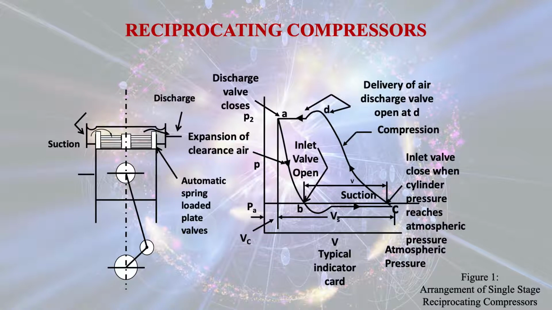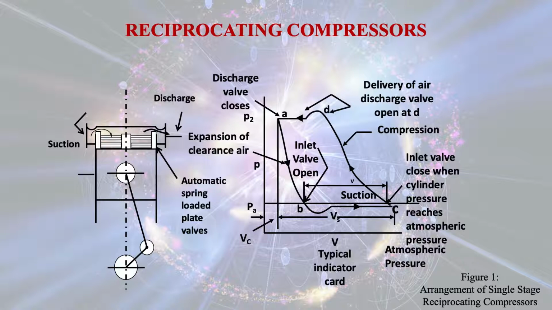Now if it moves further in the downward direction, then definitely the volume will increase and the pressure will be below the atmospheric pressure, and the inlet valve will open and the air will enter inside the cylinder, and the suction process will continue from the point B to the point C. At the end of the suction process, that is point C, again the compression will start as we have discussed.